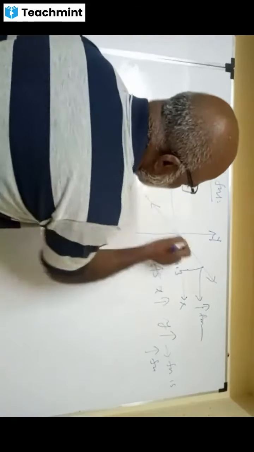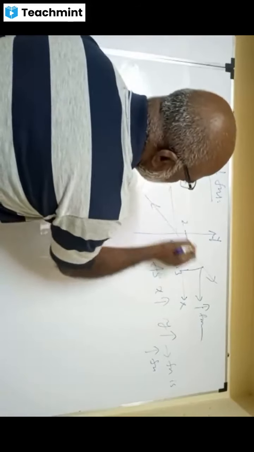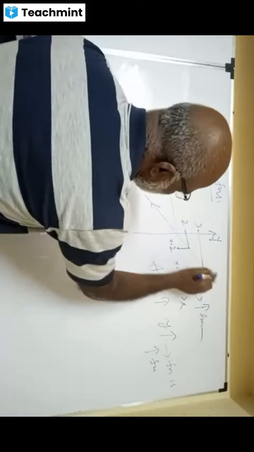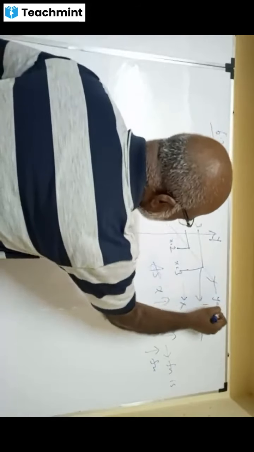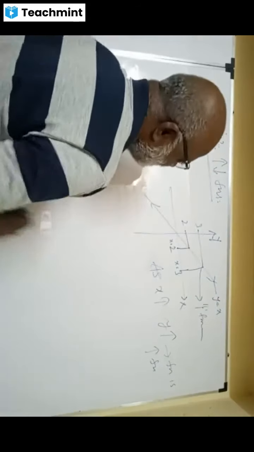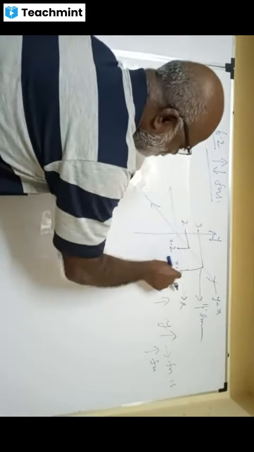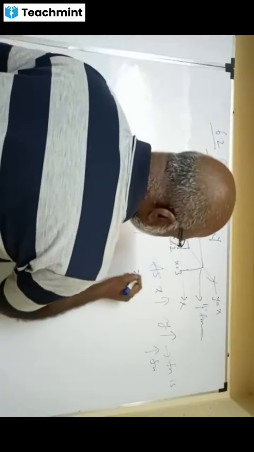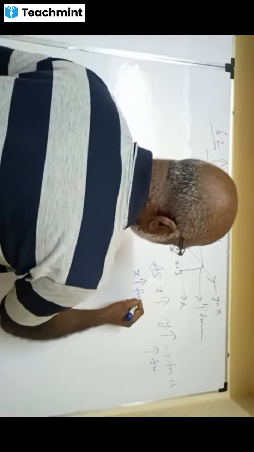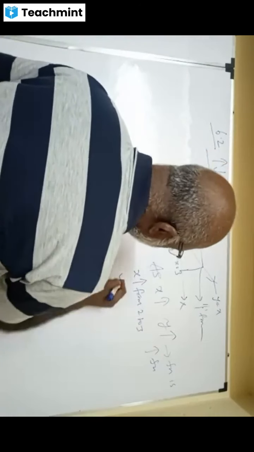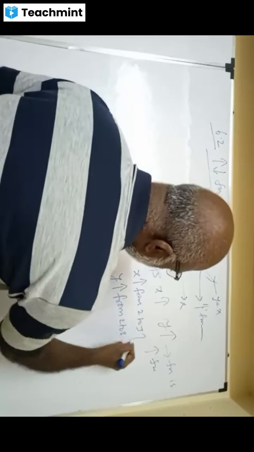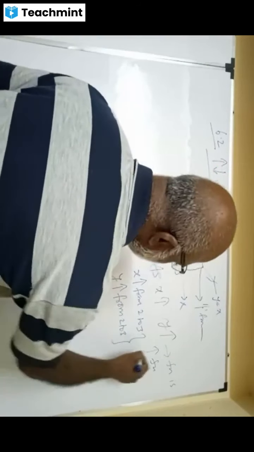Now f of x is y equal to x. When x equal to 2, y is 2. When x equal to 3, y is also 3. As x is increasing from 2 to 3, y is also increasing from 2 to 3. Then what do I conclude from this? It is an increasing function.